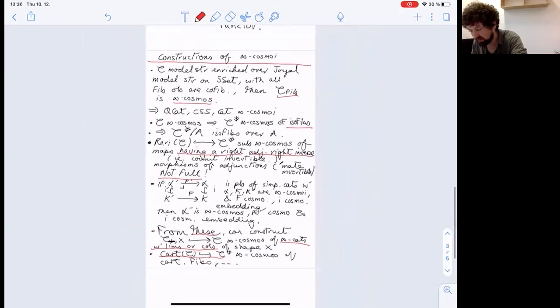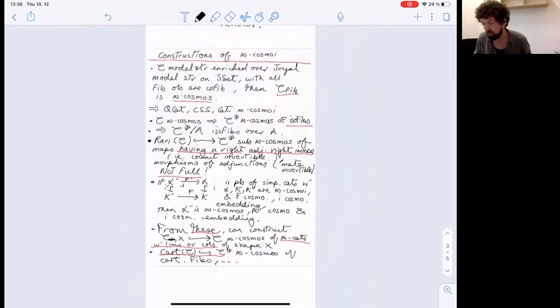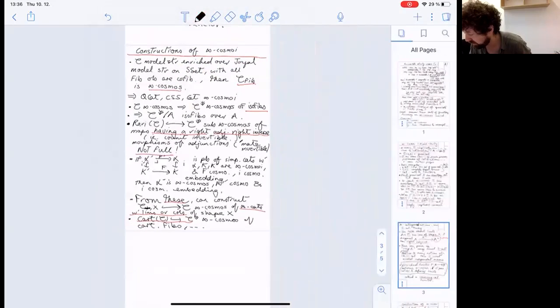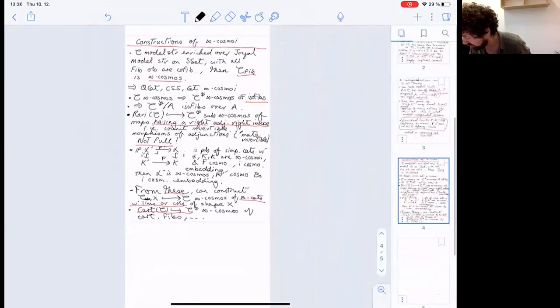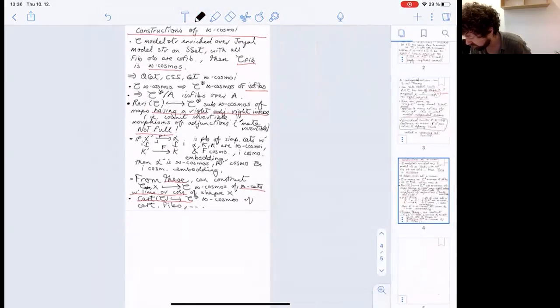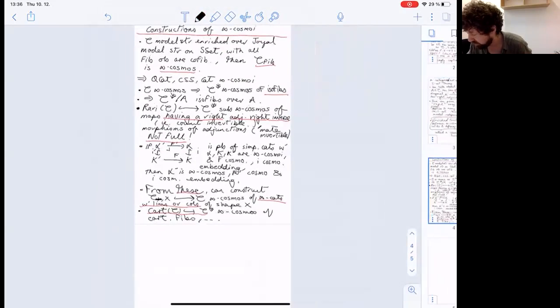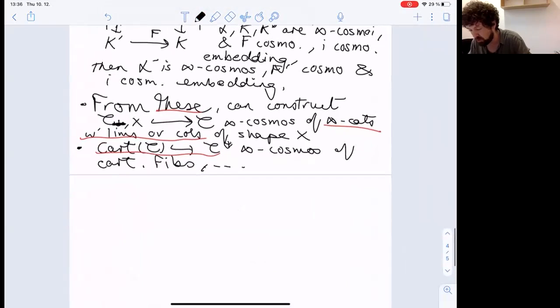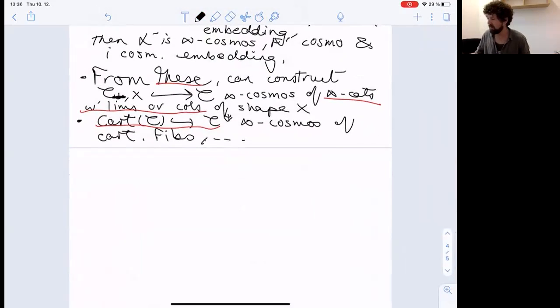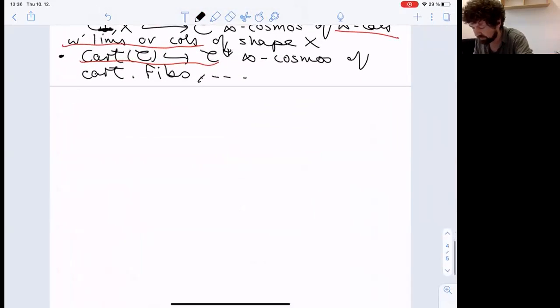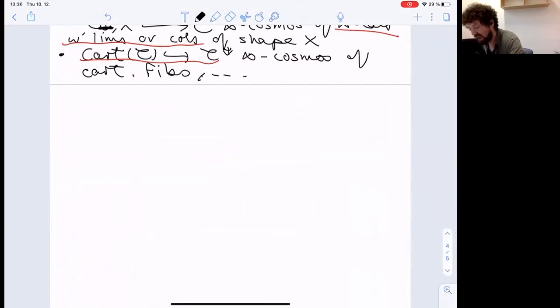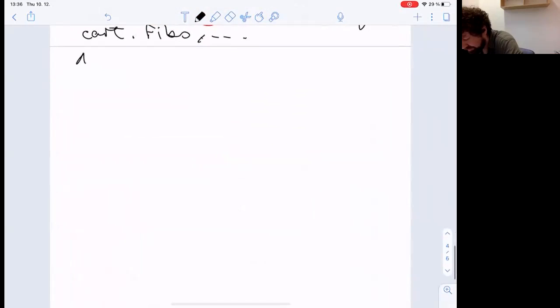So what you need to take away just from this page, which I'm going to try and copy and use again later, is that there's a few core building blocks of infinity cosmoi, and from these there's a few core constructions, and putting these together you can build pretty much all the stuff you want.